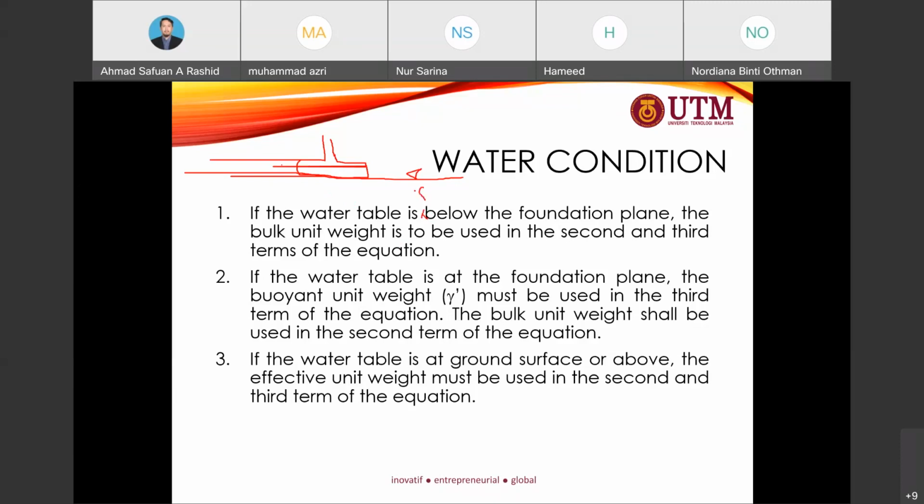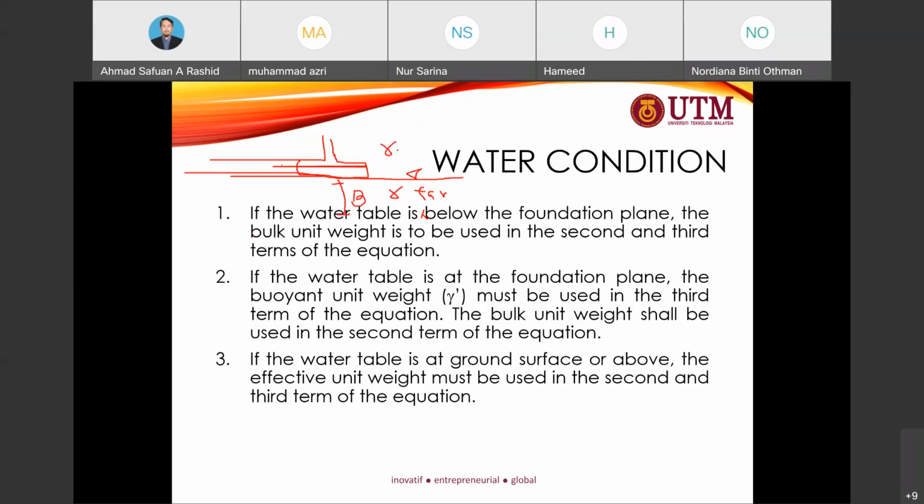How do we determine how far it is? Normally, if the water table depth from the foundation base is greater than the width of the foundation, we may not consider the effect of the groundwater level. This means we may use the same unit weight of the soil.